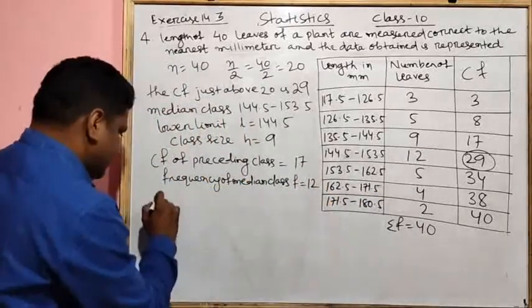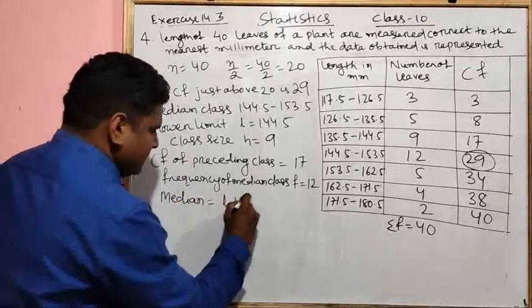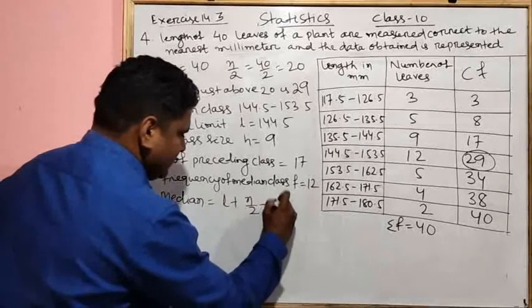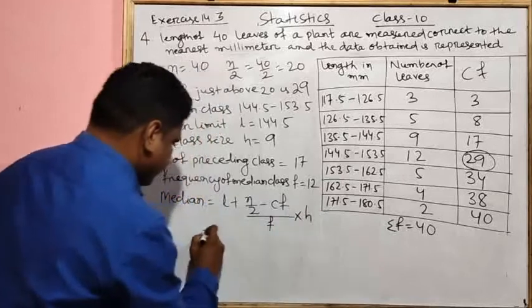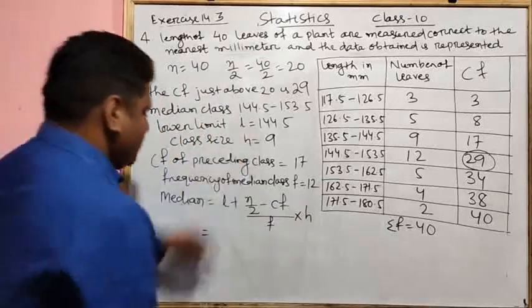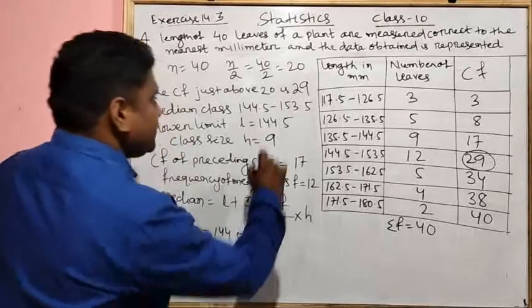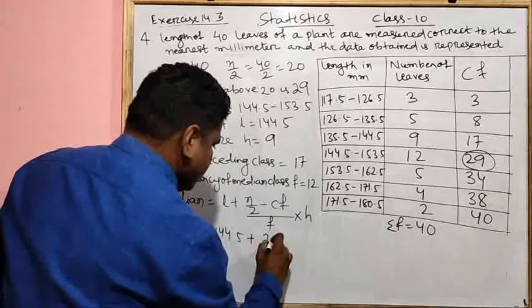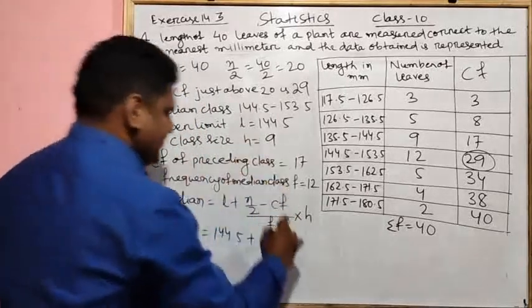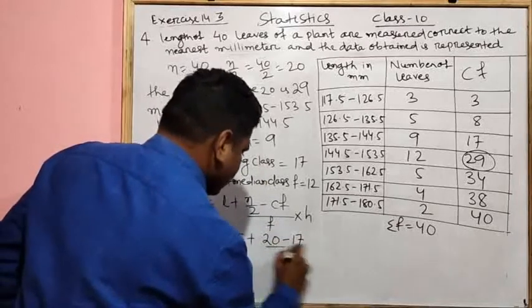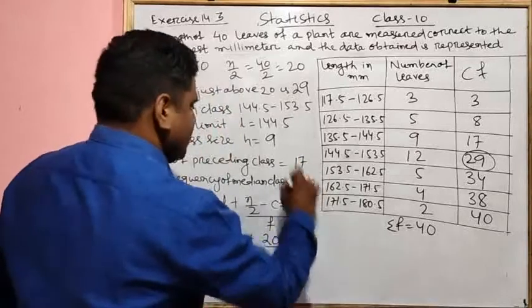Formula to find median is L plus (n by 2 minus cf) by f into h. L is 144.5 plus n by 2 is 20 minus cumulative frequency of preceding class cf is 17, by frequency of median class f is 12, and class size h equal to 9.